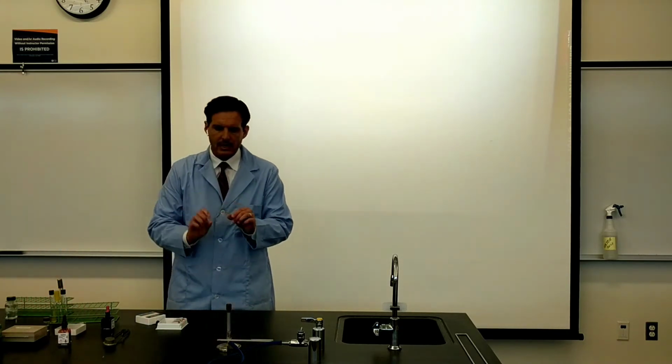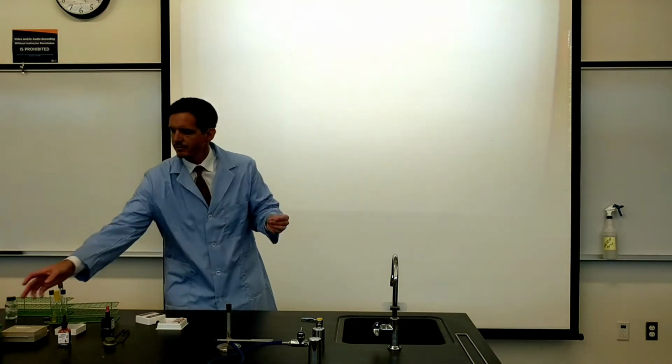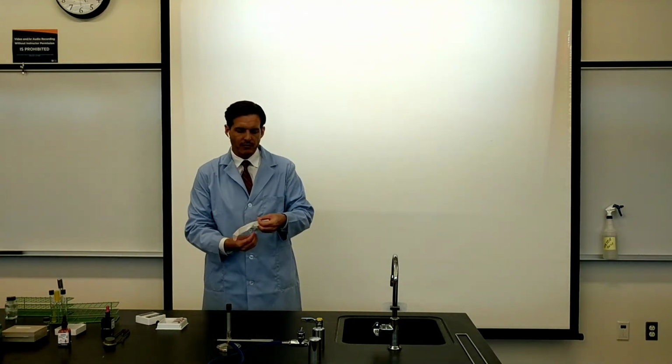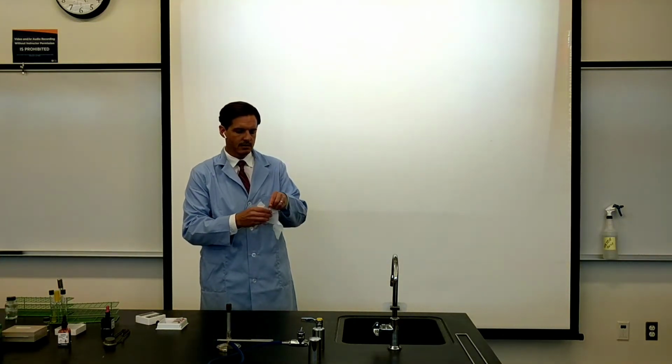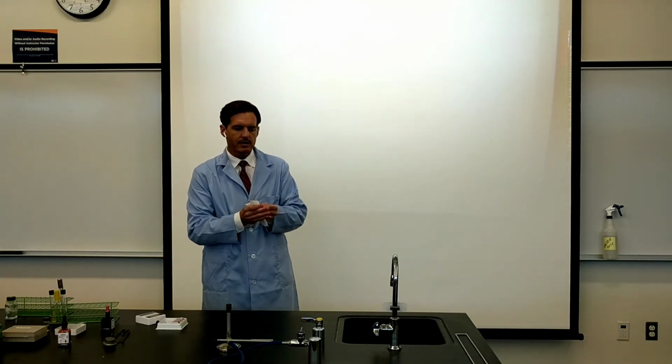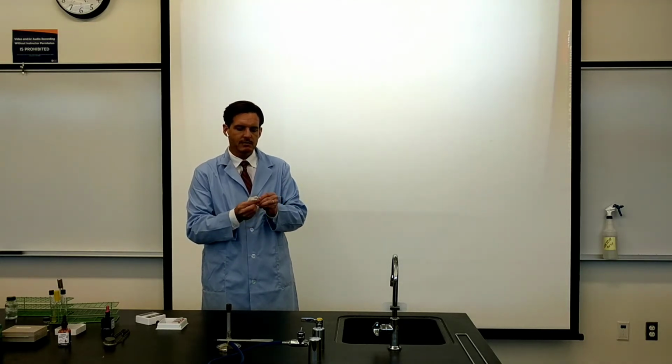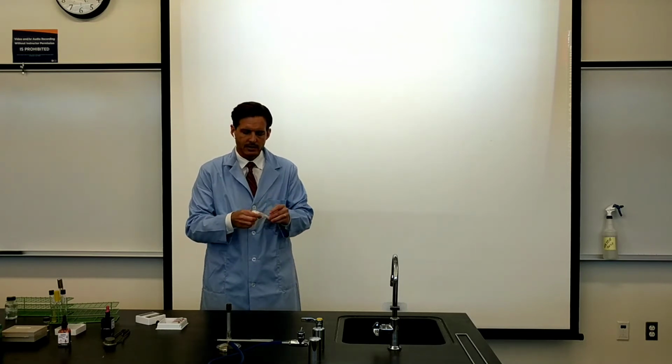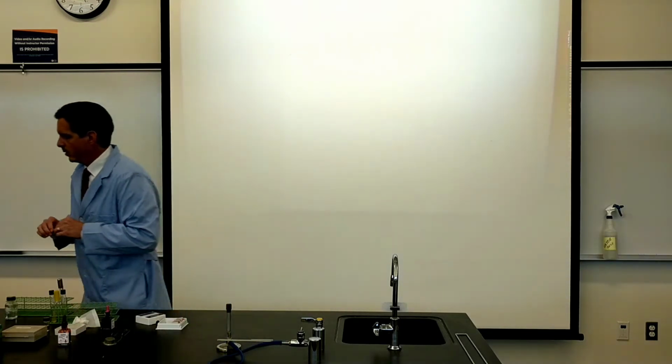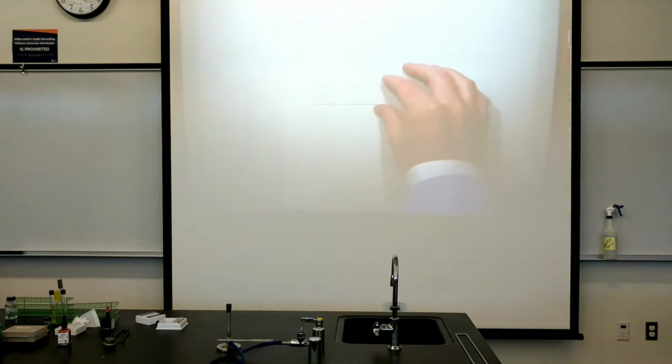I'm going to go ahead and place a drop of methylene blue on it. Before I do that, I'm going to dust the slide off. I just ripped the paper. I'm going to dust off a slide because sometimes, even though they're brand new, they can be a little bit dusty. And now we'll put the drop of methylene blue on there.